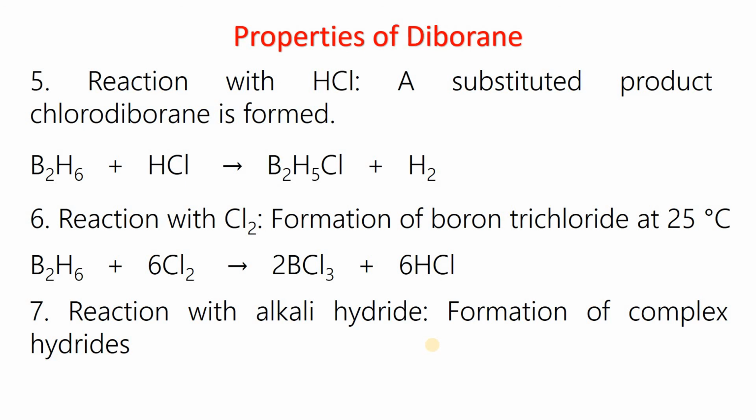Alkali hydride means we have lithium hydride or sodium hydride. The formation of complex hydrides like sodium borohydride. When diborane reacts with sodium hydride, then we will get sodium borohydride, which is a well-known reducing agent.